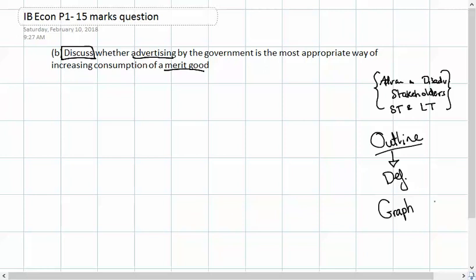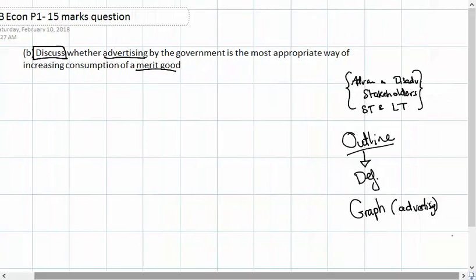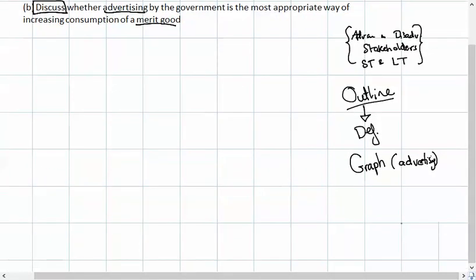The one policy we know we're going to use is advertising, and the other one we're going to be using is the subsidy. Since this is a merit good, the alternative policies are advertising, subsidizing, legislation, or direct provision by the government. The most detailed ones in terms of analysis are advertising and subsidies.